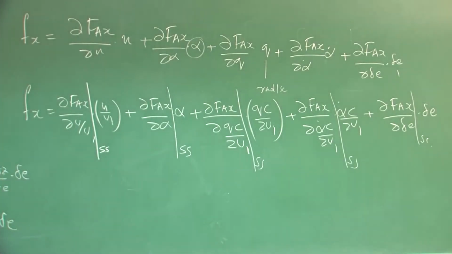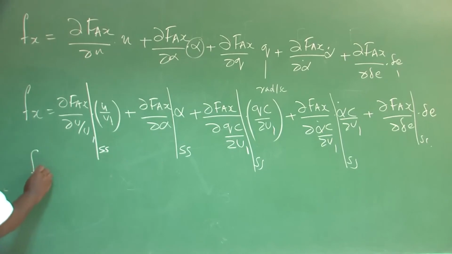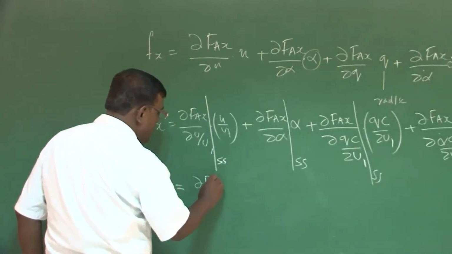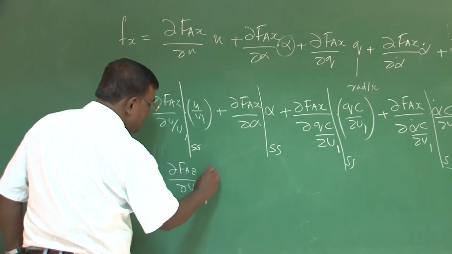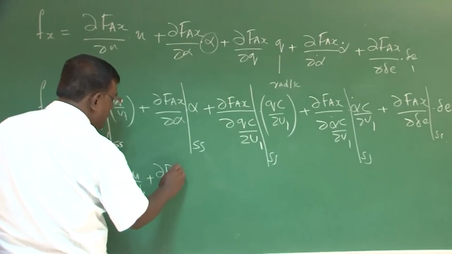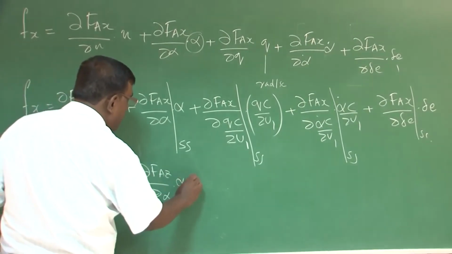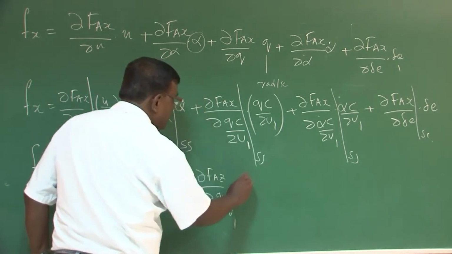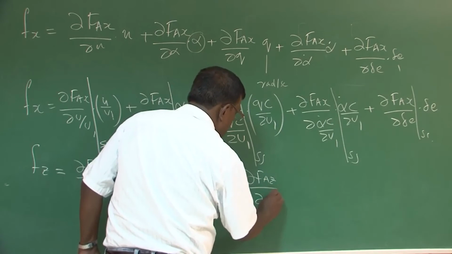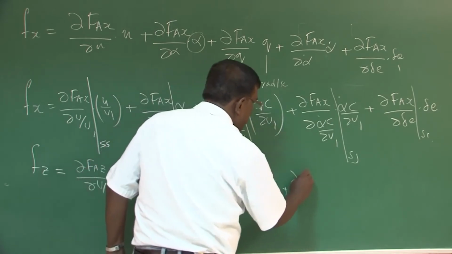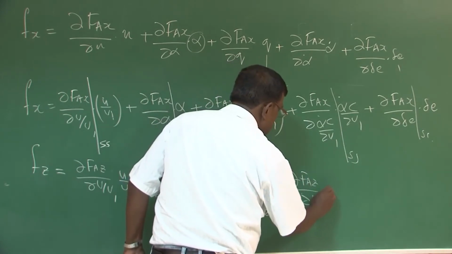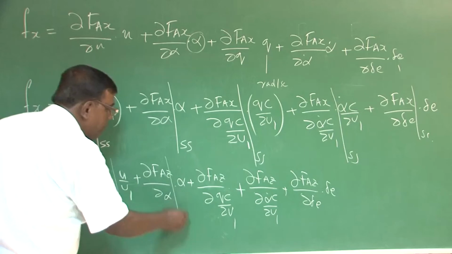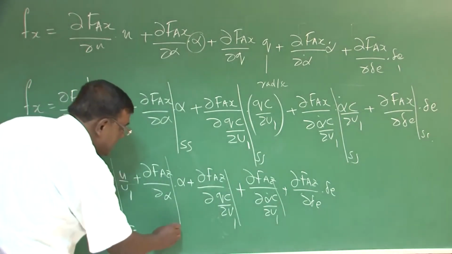If you understand that, it is not difficult for you to write fz as d faz by d u by u1 into u by u1 plus d faz by d alpha into alpha plus df az by dq c by 2u1 plus df az by d alpha dot c by 2u1 plus df az by d delta E into delta E. No problem. What is the catch point? The catch point is, don't forget, all these partial derivatives I need to evaluate at steady state.